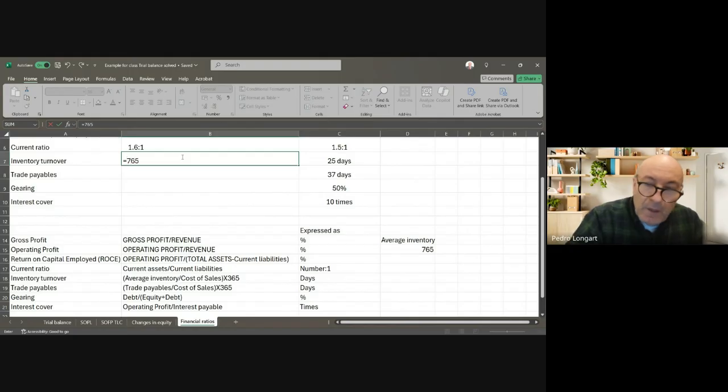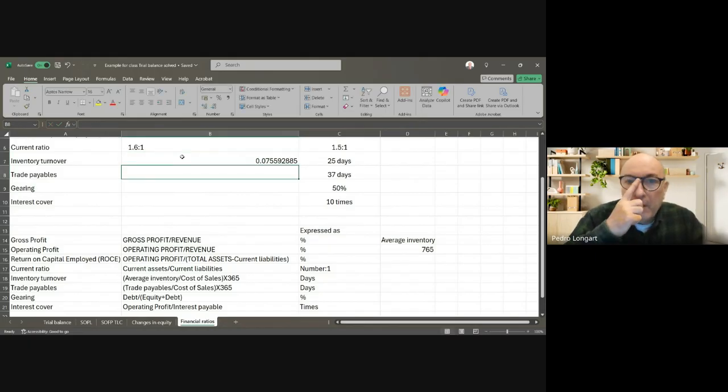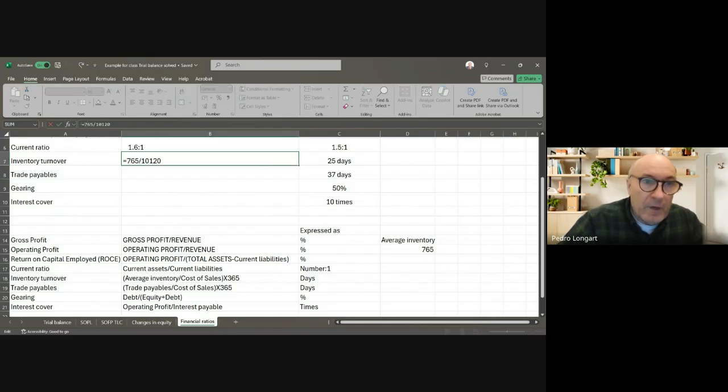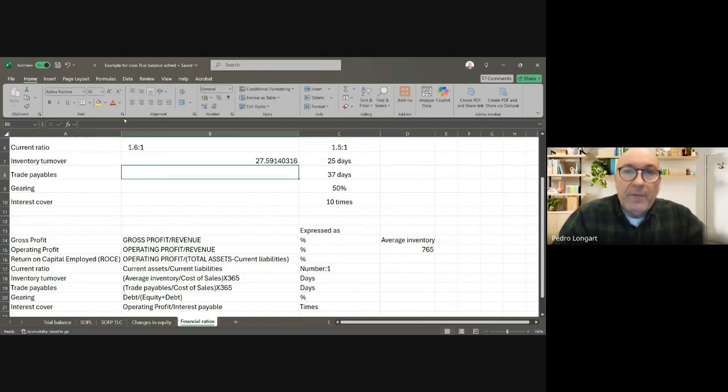So I have 765 divided by 10120, and I forgot, I need to multiply this value by 365, and I have 27.59 days.